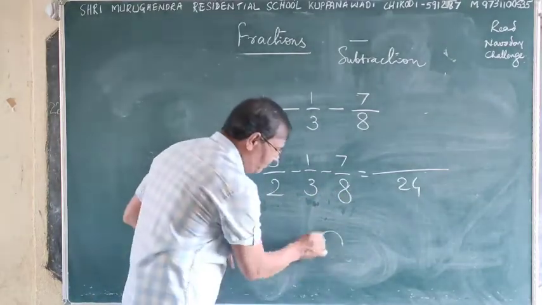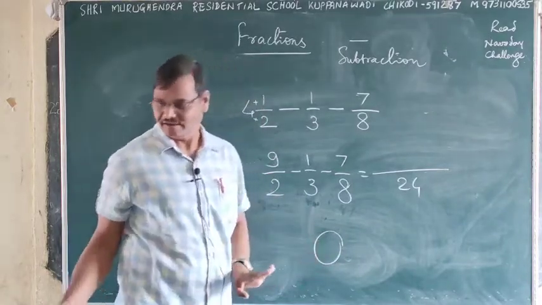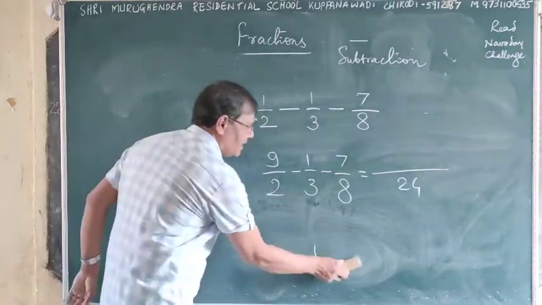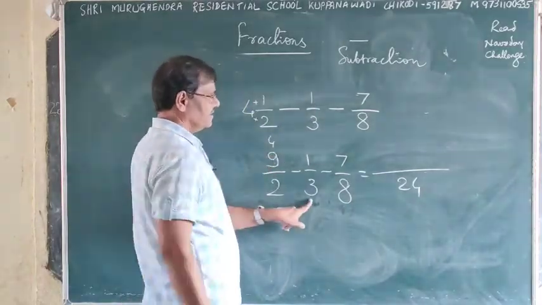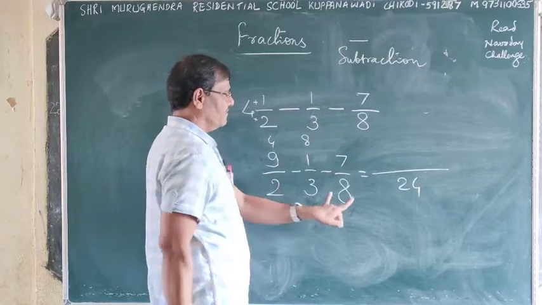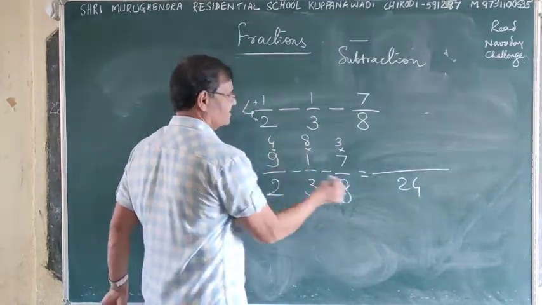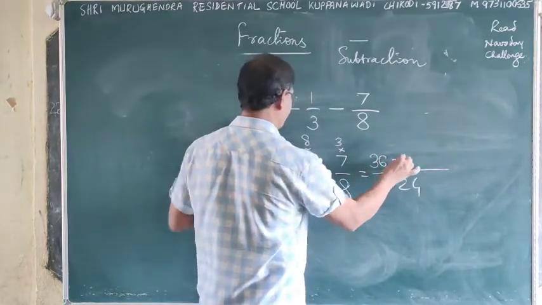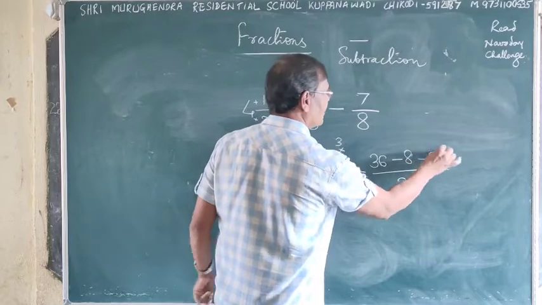The hole is the same, 8 is going up, whereas 2 can also not. So then 2 4s are 8, 3 8s are 24, 8 3s are 24. 4 9s are 36, minus 8 1s are 8, minus 7 3s are 21.